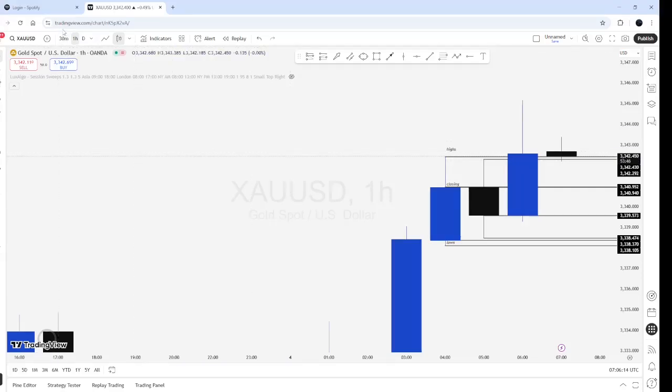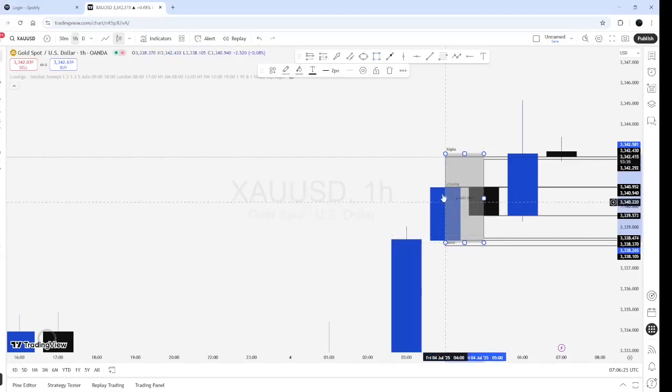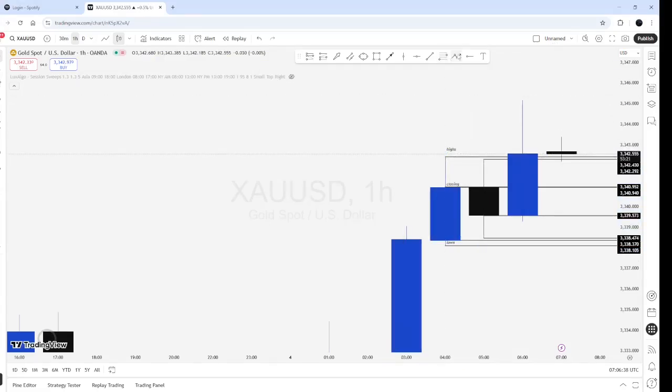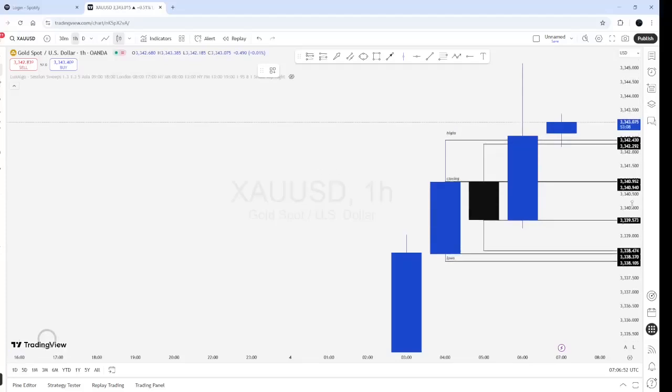So we have 30 minutes, right? So let me paint this one. Let me see what happened inside the hourly candle. I don't know whether I can get it very accurate.